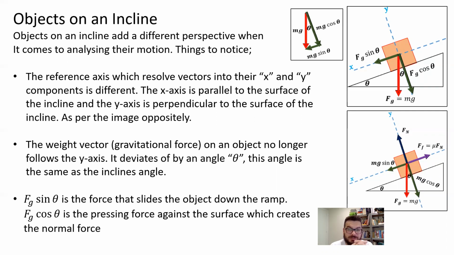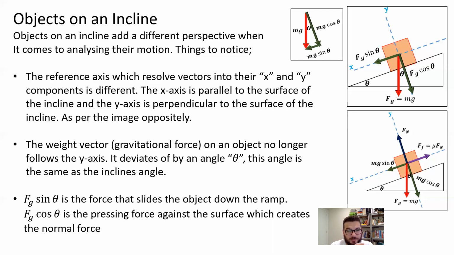The other thing that we need to consider is that every incline is defined by some angle which shows the incline of it. We call it the angle of inclination, and that angle plays a very important role. If you look at this diagram, the red weight vector, denoted by the variable Fg, no longer falls in our vertical axis.